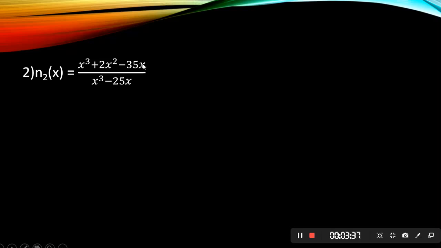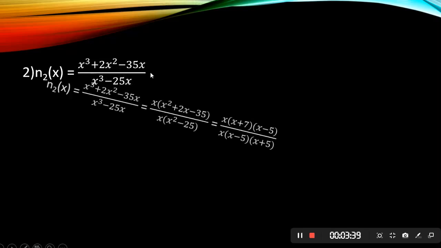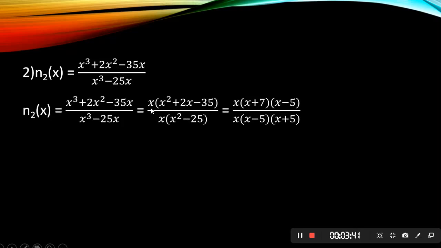I choose the least power. So I will take x out. Then open bracket, divide by the HCF, x power 2 plus 2x minus 35, and this can be factorized to be x plus 7 times x minus 5.